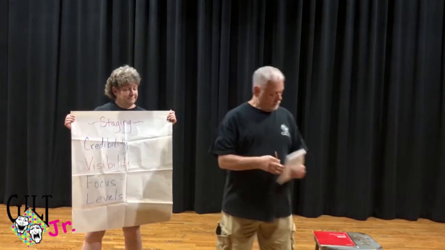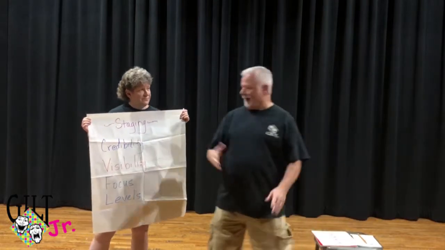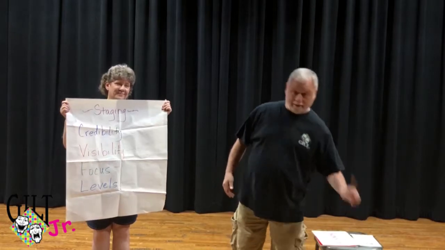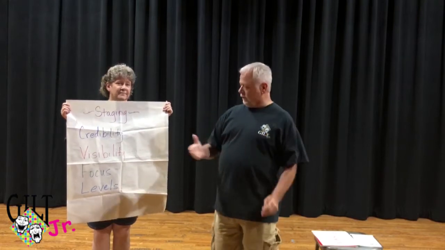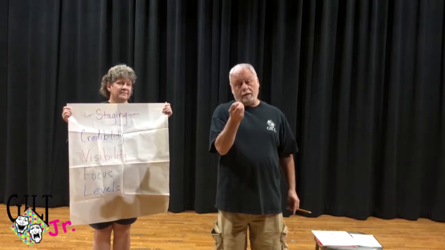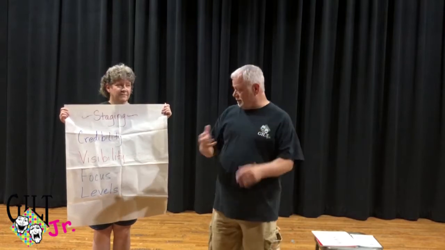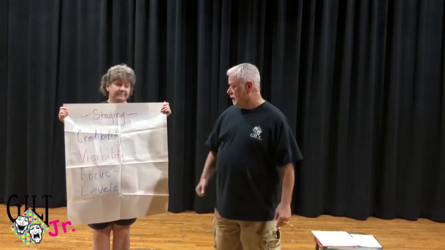Okay? So, as I said, today we're going to be talking about blocking or staging. And here's where you're going to need this. There basically are four areas of staging that we're going to concentrate on. Credibility, meaning, are you creating a reliable character, a character that makes sense? Visibility, can we see you on stage?